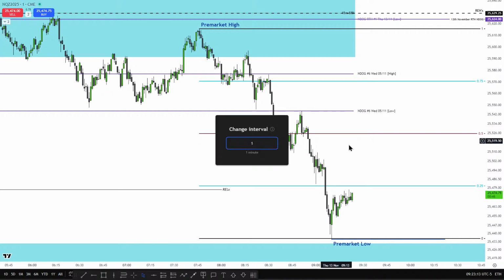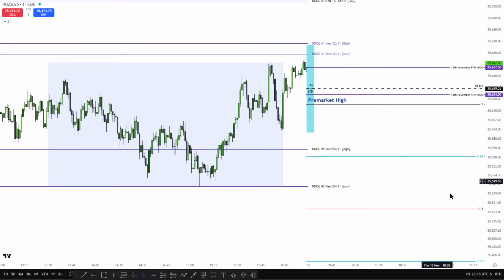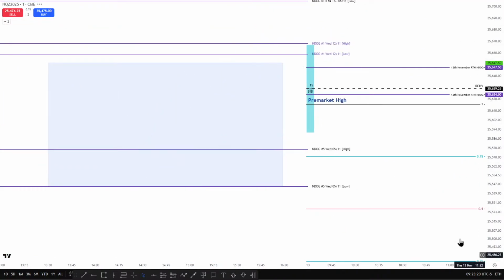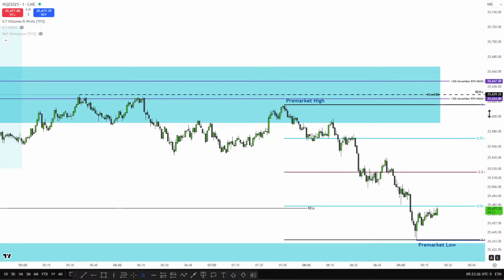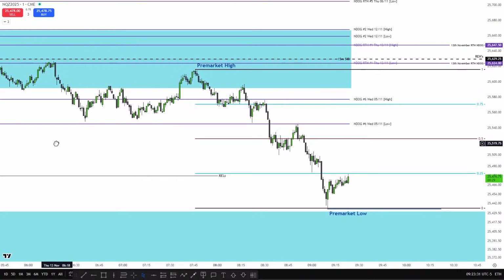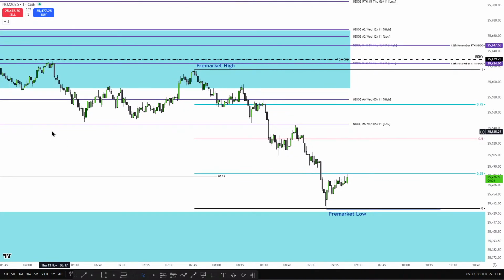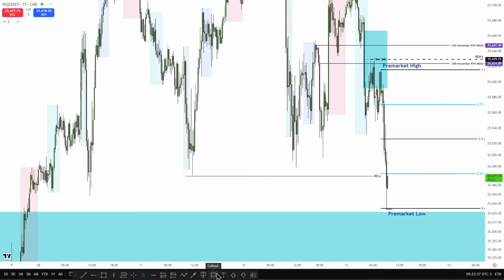Okay, let's look at our regular trading hours closing price. So we're going to have a couple hundred handle gap today. This is the only downside to the indicator. You have to take it off and on constantly. We've got a 15-minute chart.